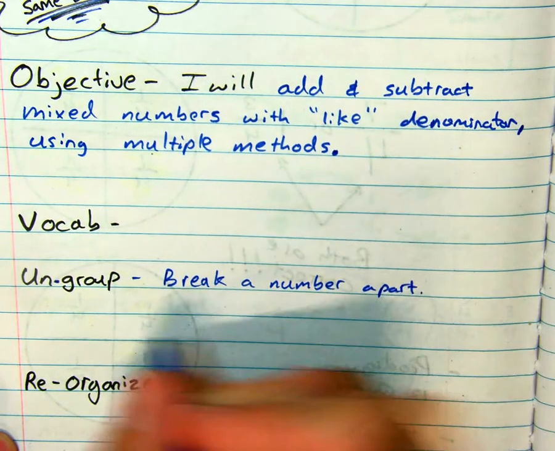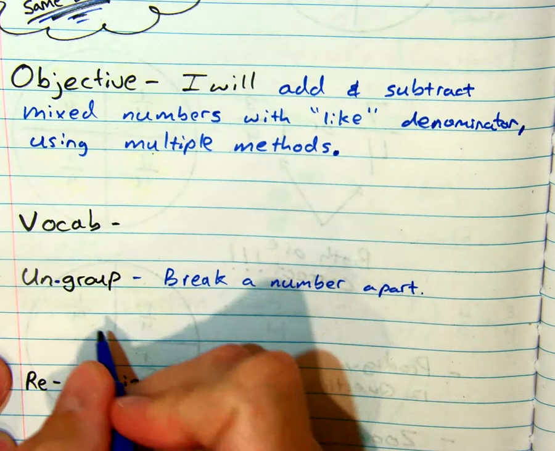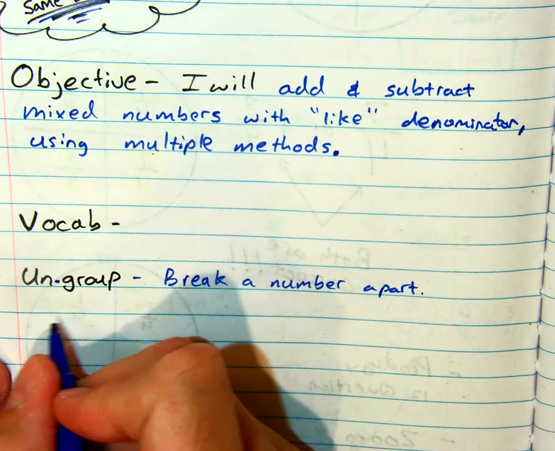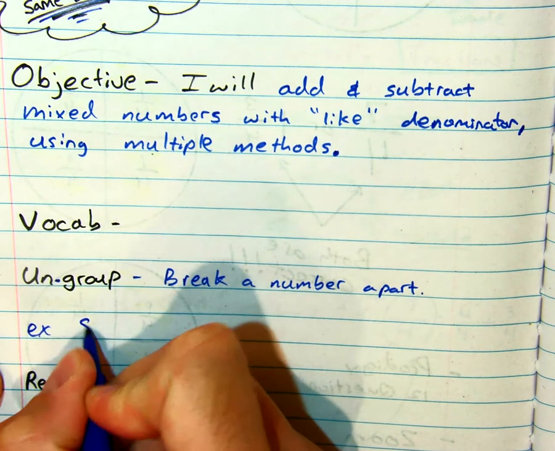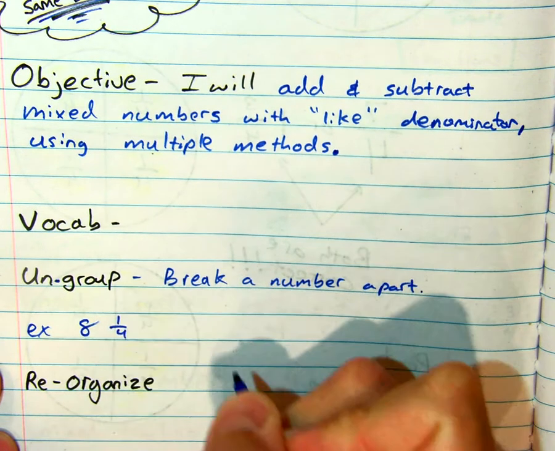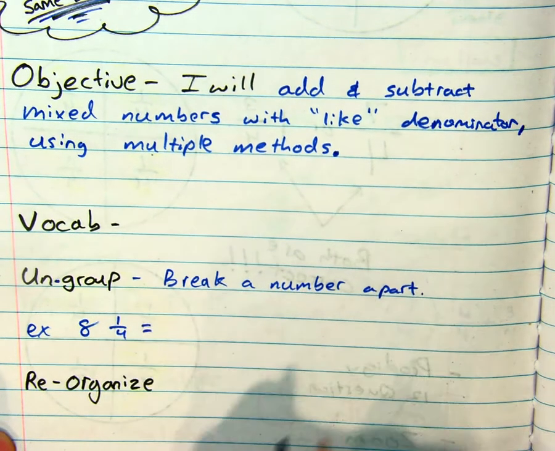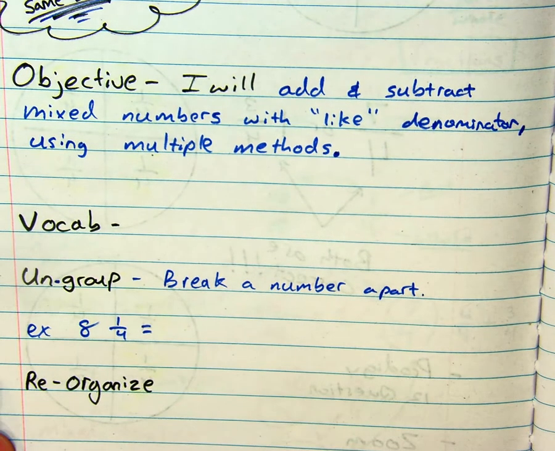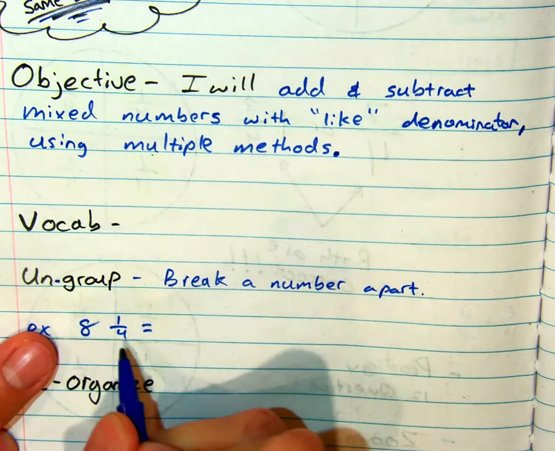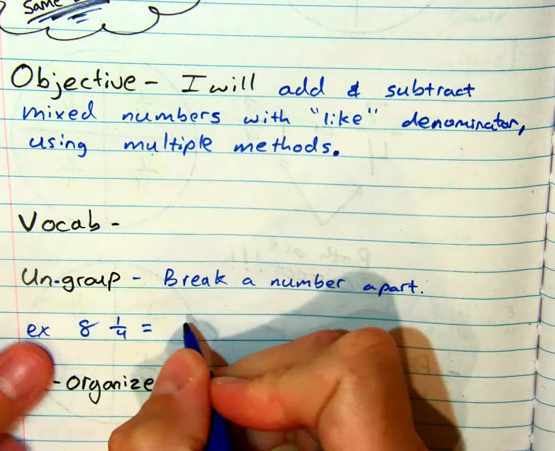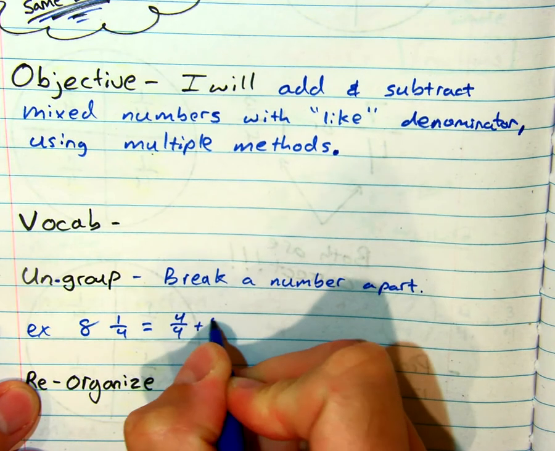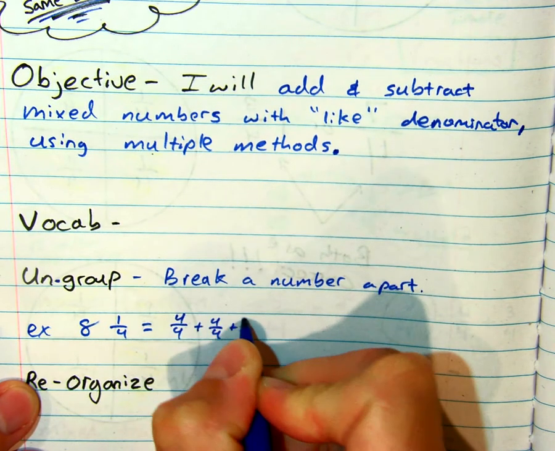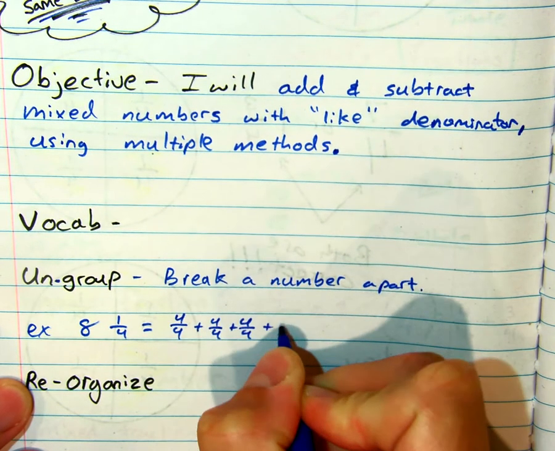For instance, if we have, let's see, example 8 1/4, we can actually break it apart. We could say that since we're using fractions of a quarter, we could say it's 4/4 plus 4/4 plus 4/4 plus 4/4.